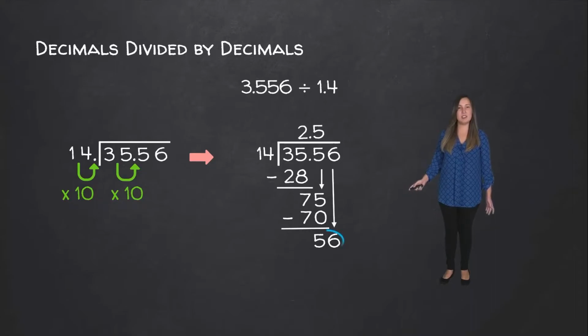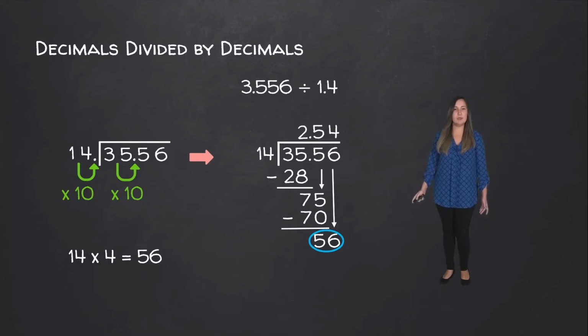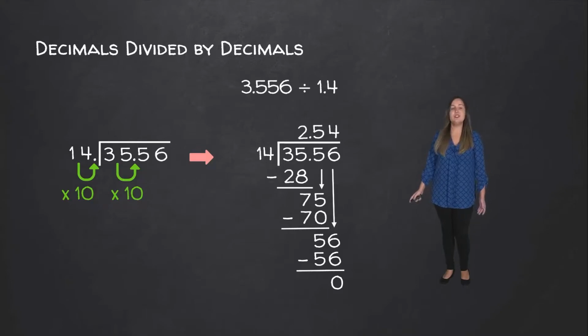So we ask ourselves, how many times does 14 go into 56? Well, that would be 4 times because 14 times 4 is equal to 56. Then we subtract, and we have no remainder. So 3 and 556 thousandths divided by 1 4/10 is equal to 2 and 54 hundredths.